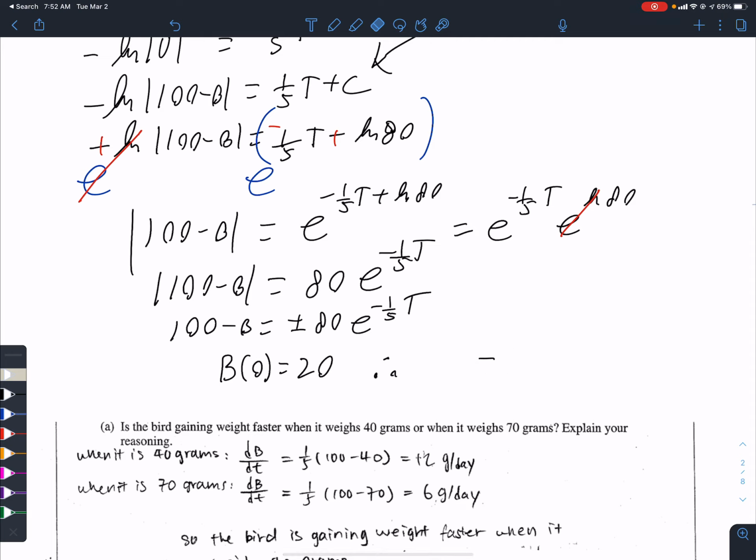If I isolate b of t, that moves b of t on this side, and the 80 be subtracted, so b of t would be 100 minus 80 e to the negative 1/5t. But we do eliminate the minus because that makes it work. And then you solve for b and you get that. That's our final answer, and I'm sticking to it.